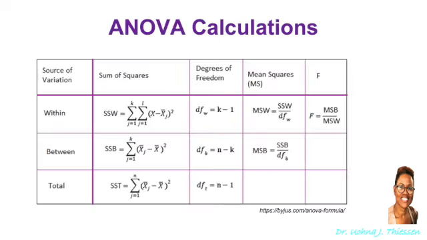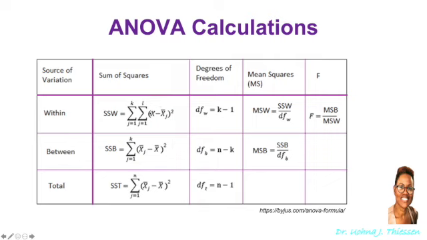So before we run our ANOVA, I want to give you some idea of what's happening in the background as far as what the computer is calculating to determine the F statistic for the ANOVA test. So what it does is it calculates the sum of squares within the group. So you have the mean of group 1 minus each of the values, and you get the difference and you square that.